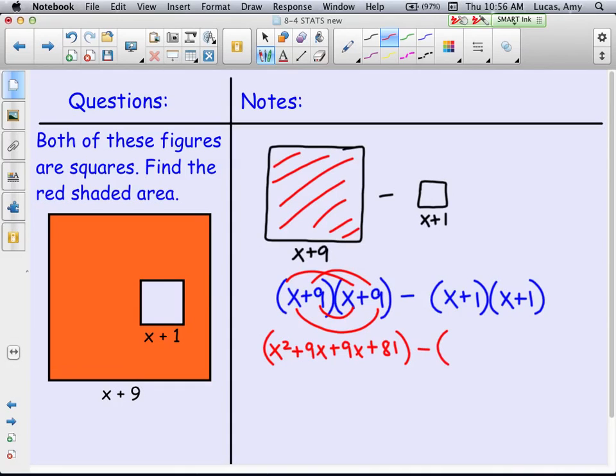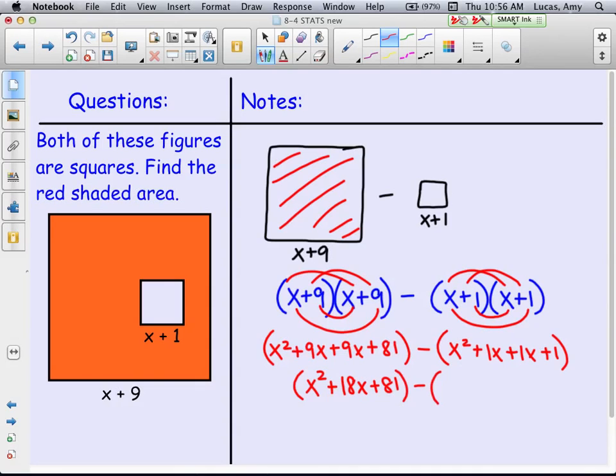And my second one, x squared plus 1x plus 1x plus 1. Okay, so I've got x squared plus 18x plus 81 minus x squared plus 2x plus 1.